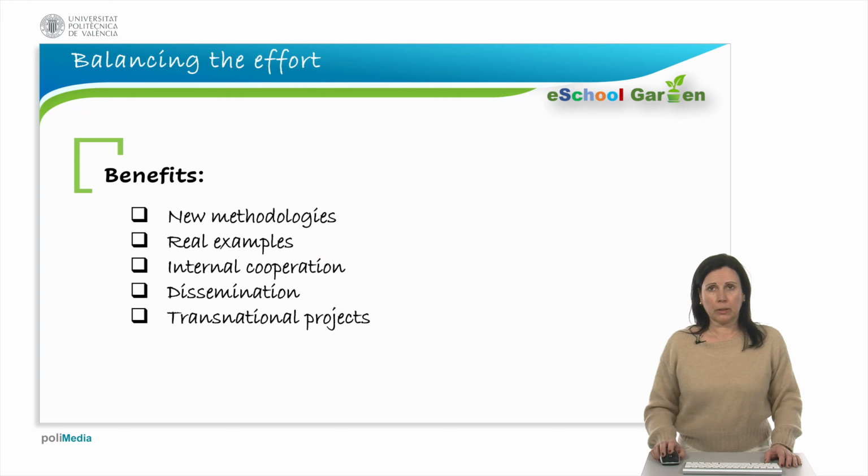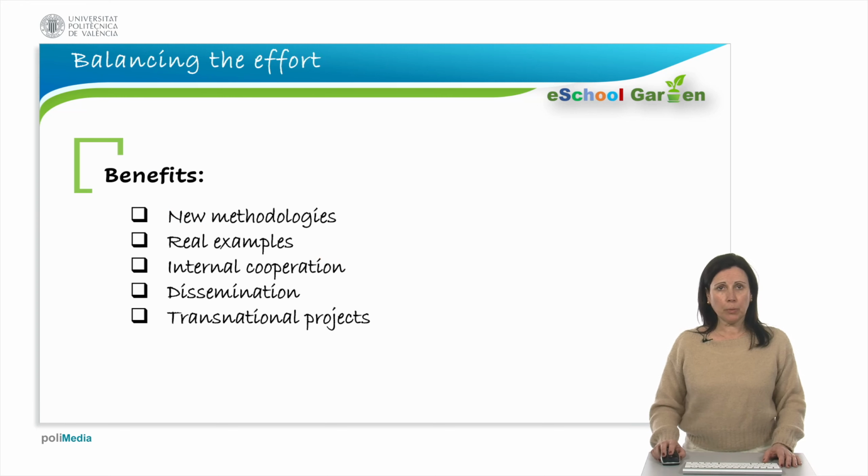Transformation takes effort. That is why it is very important to find clear advantages for teachers and the institution. For example, it is an opportunity to put into practice new methodologies using real examples. It works to improve students' participation and aptitude.